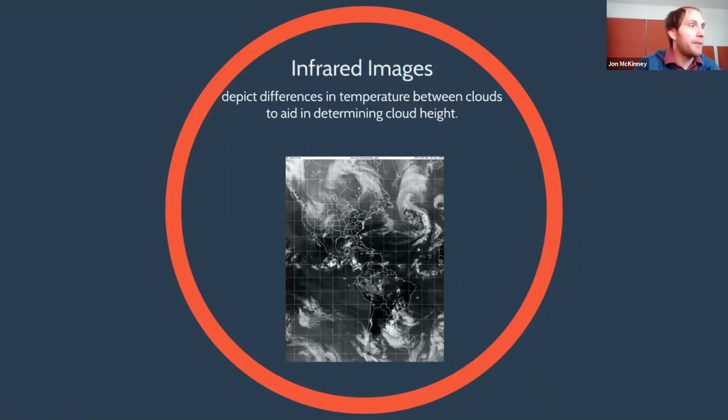Infrared. So an infrared satellite picture could show you differences in temperatures between cloud heights. It could aid in determining cloud height. Nowadays, if you get on aviationweather.gov and you look at the infrared satellite pictures, they actually have more color than this. So this one's a black and white, and in this example, they're showing you that the brighter white is showing you that it's a higher cloud.